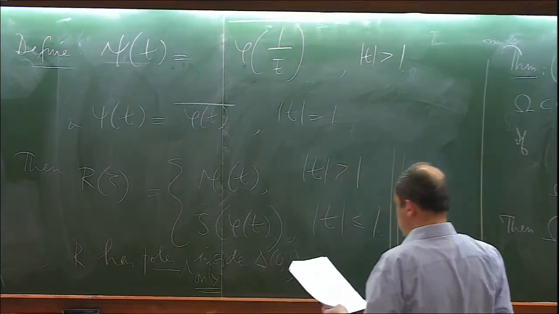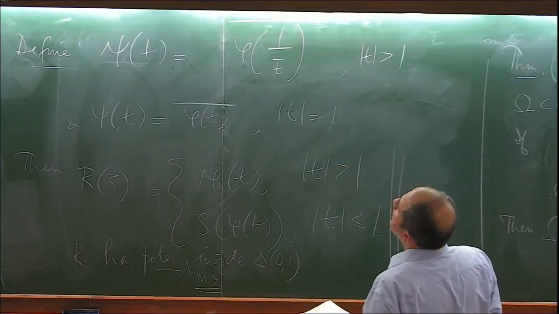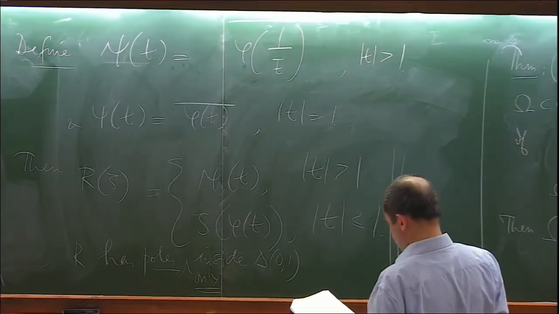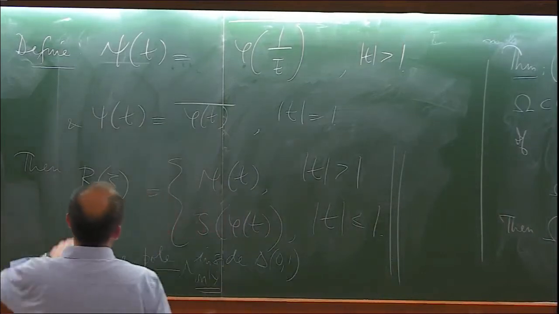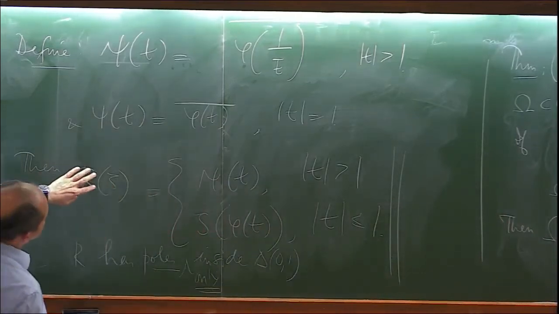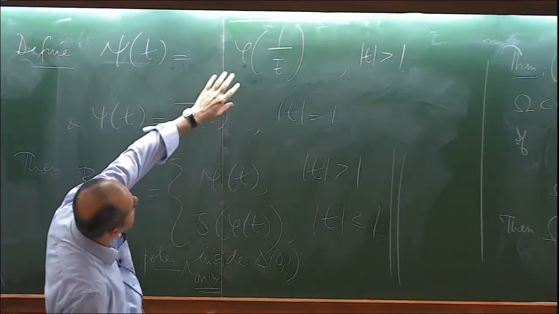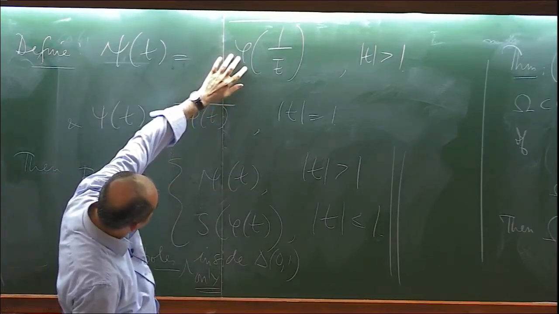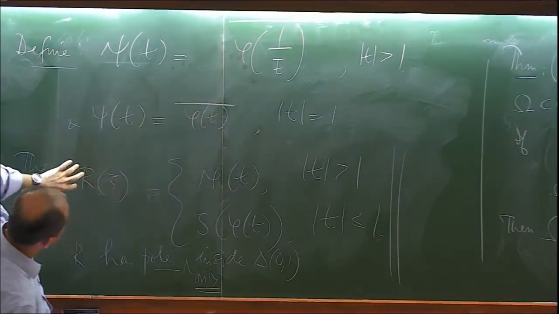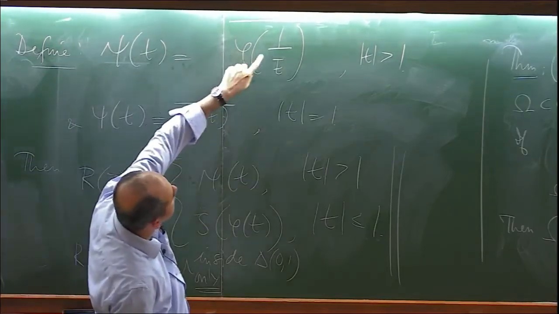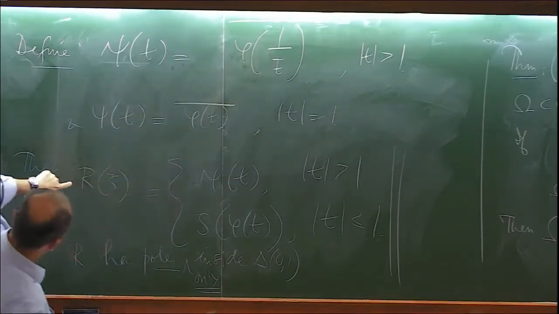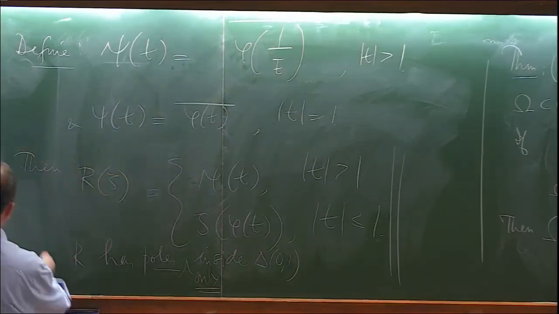And we're all done because now, what does this tell you? Look at psi. Psi is two inversions of phi. So two inversions of phi give you R outside the unit disk. And therefore, phi of t can be written as, so I'll just complete the proof here.